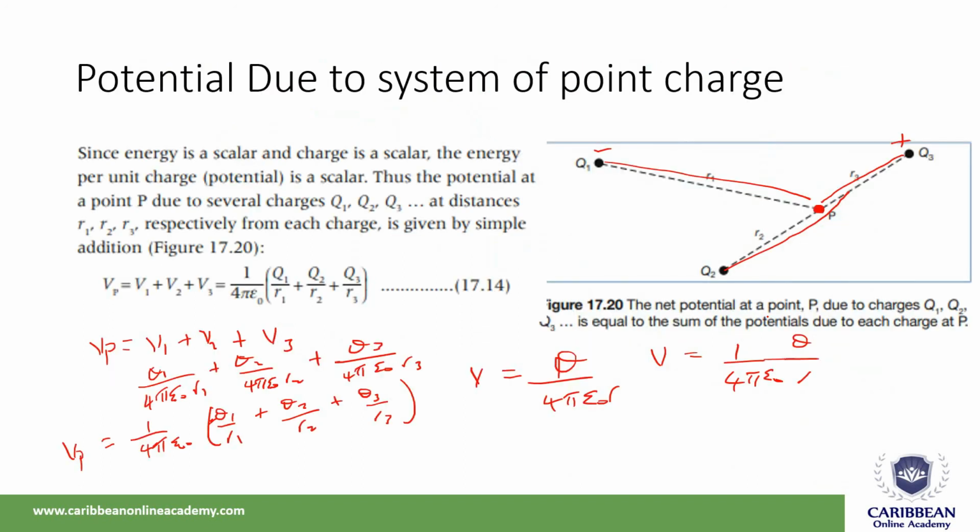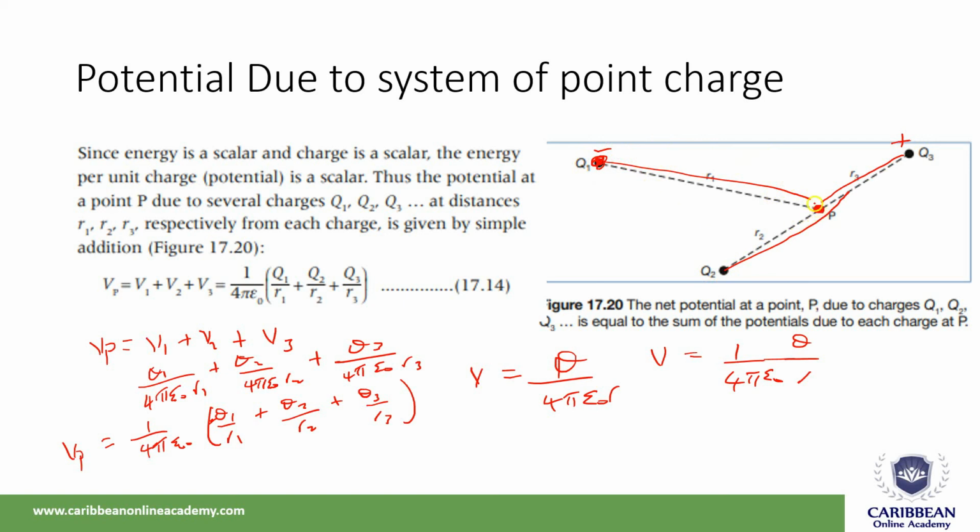All right, with all of that being said, we can find the electrical potential due to a system of what we call point charges. In essence, Q1 has a value of electrical potential at point P, and we can actually find that value.